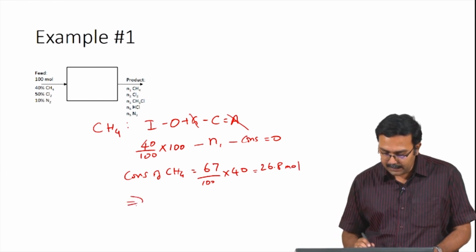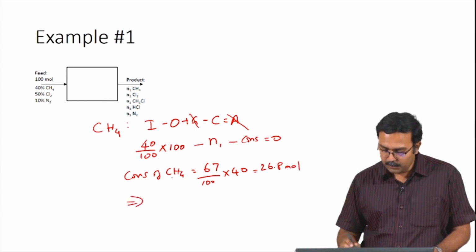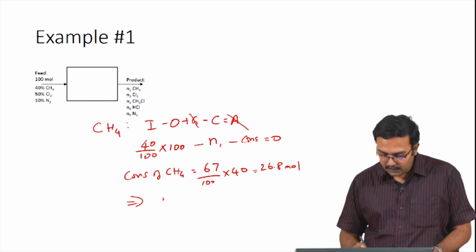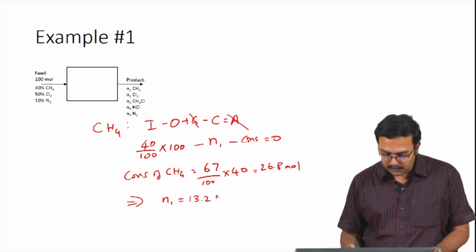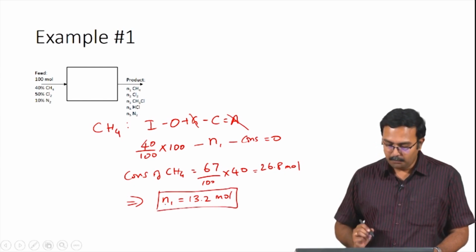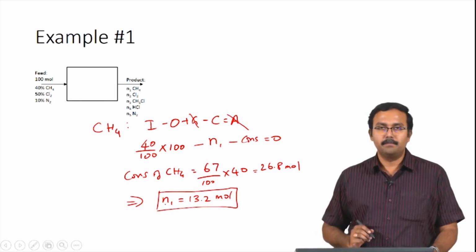So, we can substitute this value for consumption and calculate the amount of methane leaving the system as 13.2 moles.